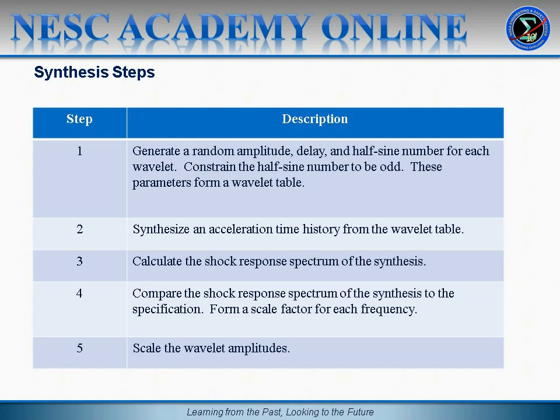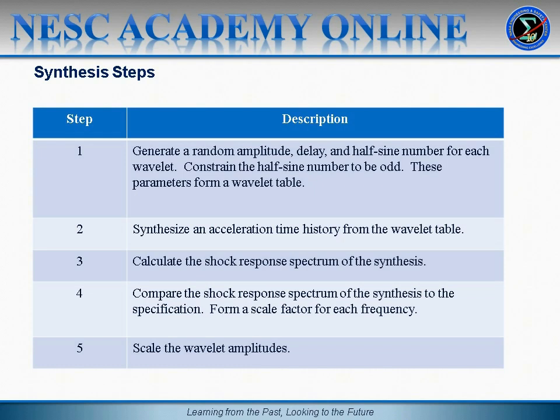So here are the steps for our synthesis process, and these steps would make Rube Goldberg proud for those of you who know who Rube Goldberg is. Step number 1, generate a random amplitude, delay, and half sine number for each wavelet. Constrain the half sine number to be an odd integer greater than or equal to 3, and then these parameters will form the wavelet table.